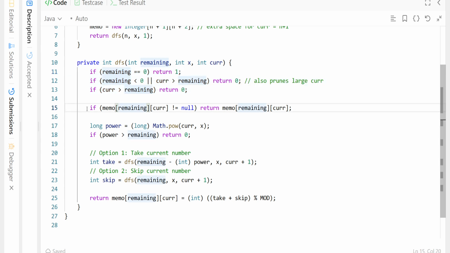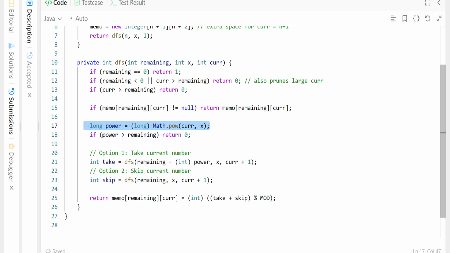Then we'll check if the memo value is not null, which means we have already calculated this and stored the result. So we'll return the cached data from the memo. Now you know how to compute the power.